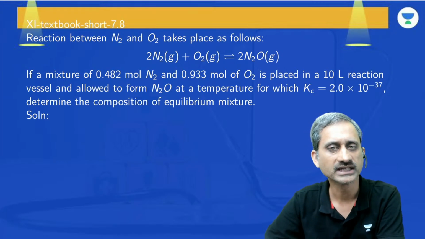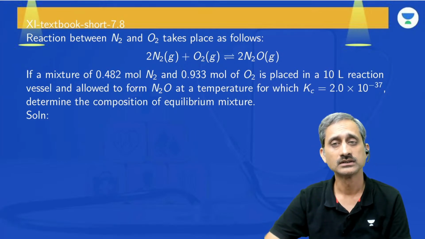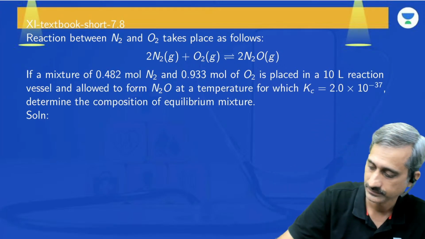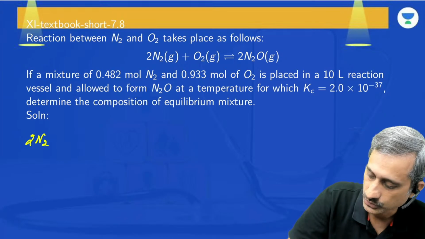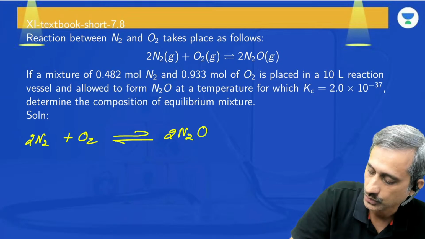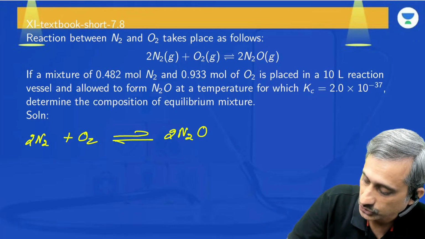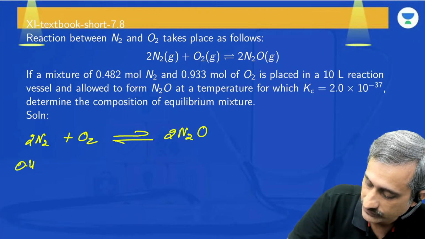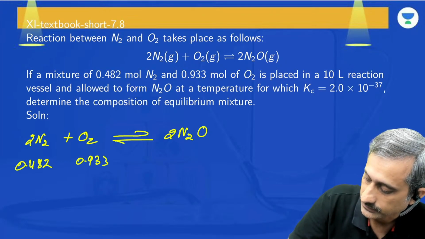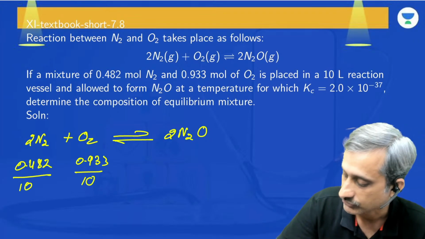Reaction between N2 and O2 takes place as follows. 2N2 plus O2 gives you 2N2O. Now here, please take care of one thing. We have 2N2 plus O2 in equilibrium with 2N2O. Now here, the initial concentration of N2 is 0.482 and O2 is 0.933, and it's a 10-liter reaction vessel, so divided by 10, that is going to be the concentration.